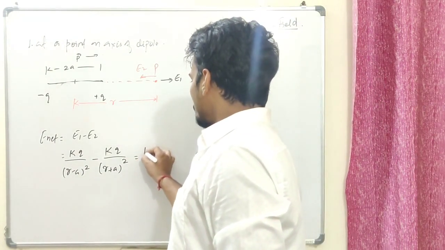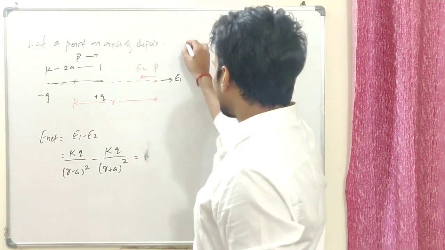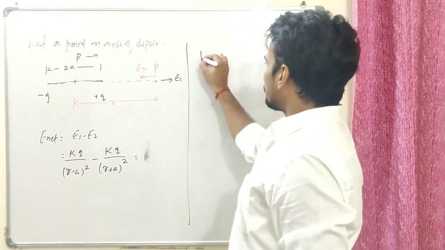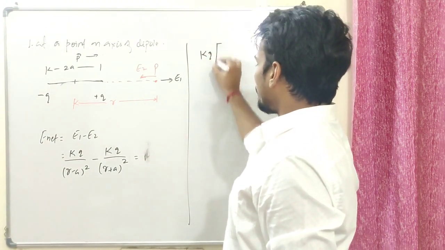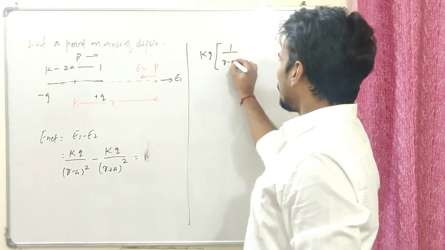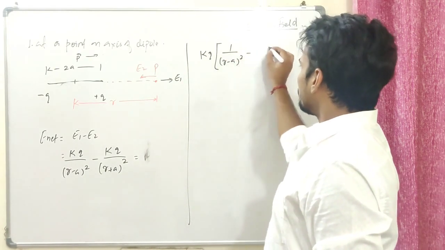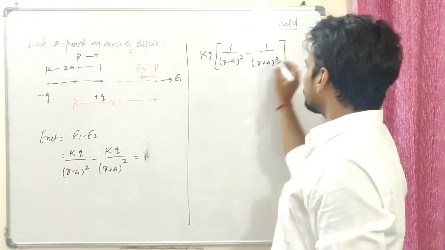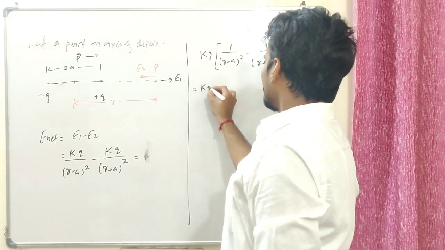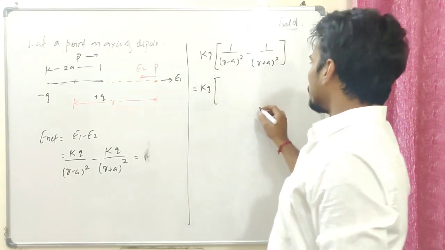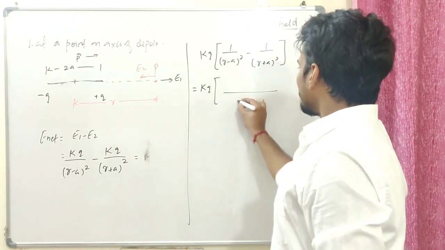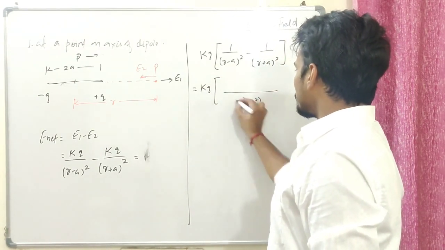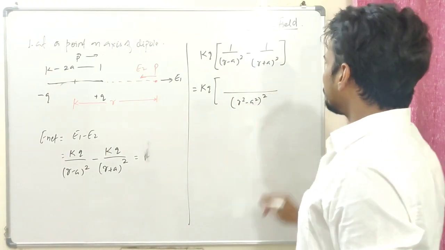Okay, let's quickly calculate this. I'm going to take kQ common. I'll have 1 over (r minus a) whole square minus 1 over (r plus a) whole square. No problem with this; it looks complicated, but it's actually not. In the denominator, if you guys agree, I'll have (r minus a) whole square to the power of 2.